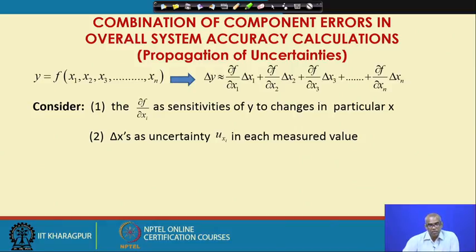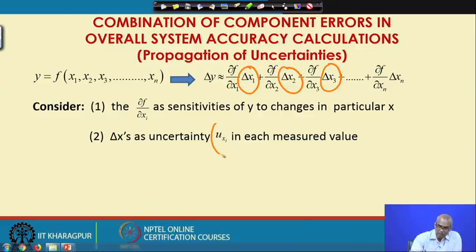So, del f by del x_i are sensitivities of y to changes in a particular x, and delta x_i can be considered as the uncertainty in x_i. So, these delta x represent the uncertainty u(x_i) in each measured value.